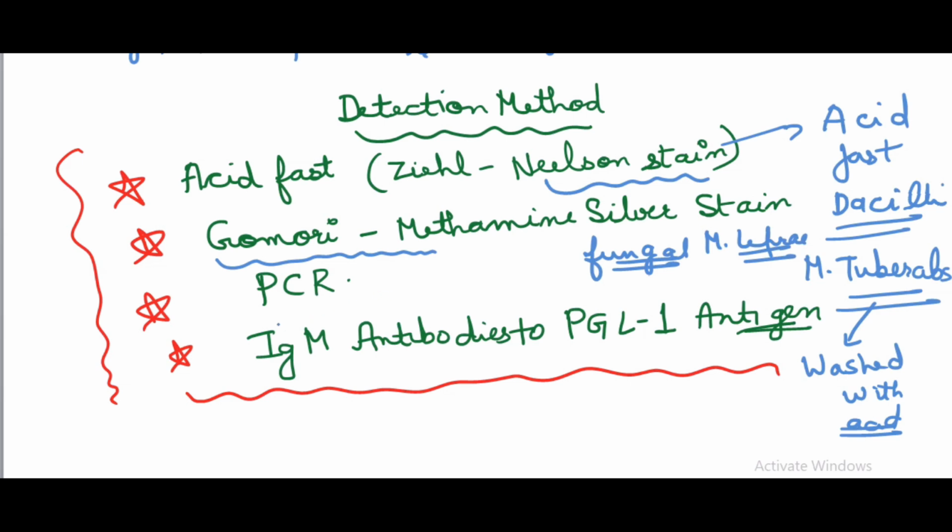Other method is molecular methods by PCR. So why do you think that molecular methods like PCR are important in detecting the bacterial infection? So these methods are highly sensitive and they can even detect a small amount of bacterial DNA.